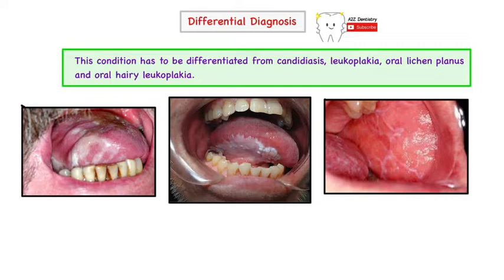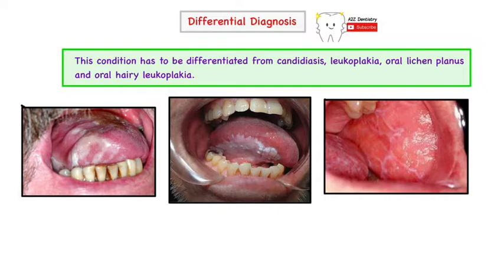Then in cases of oral lichen planus, we can easily differentiate it, because in oral lichen planus we'll find Wickham's striae, and lichen planus is usually bilateral, right? It has a characteristic pattern. Apart from it, as we can see in the last picture, these lesions will give an appearance of a reticular pattern.